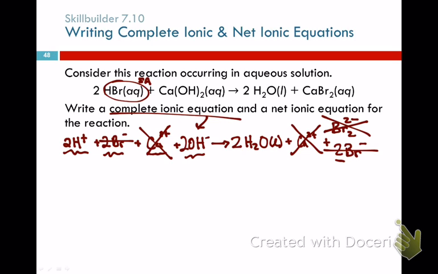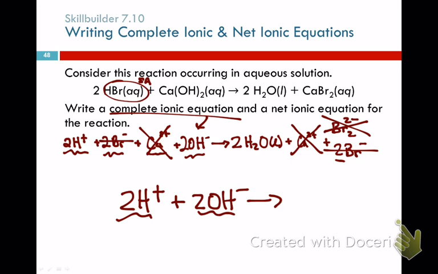And then I get 2H plus, plus 2OH minus, those guys are aqueous, makes 2H2O. And that's liquid, so I'll write that down there.